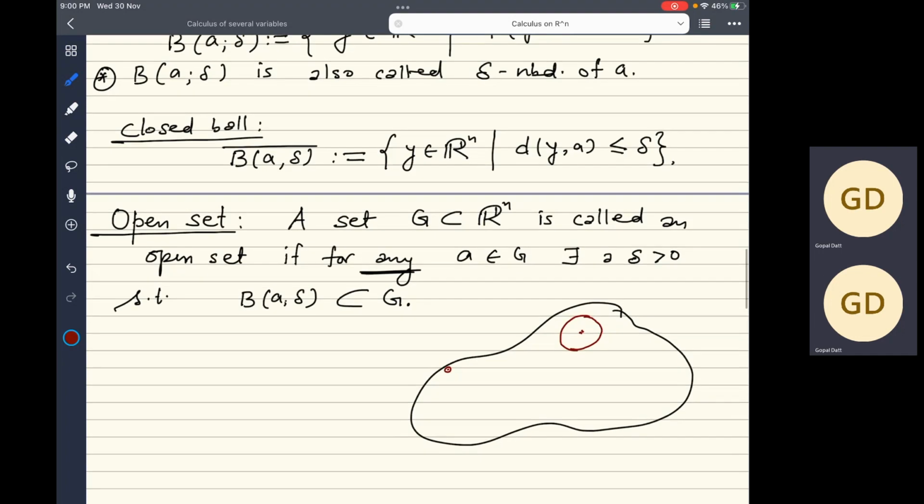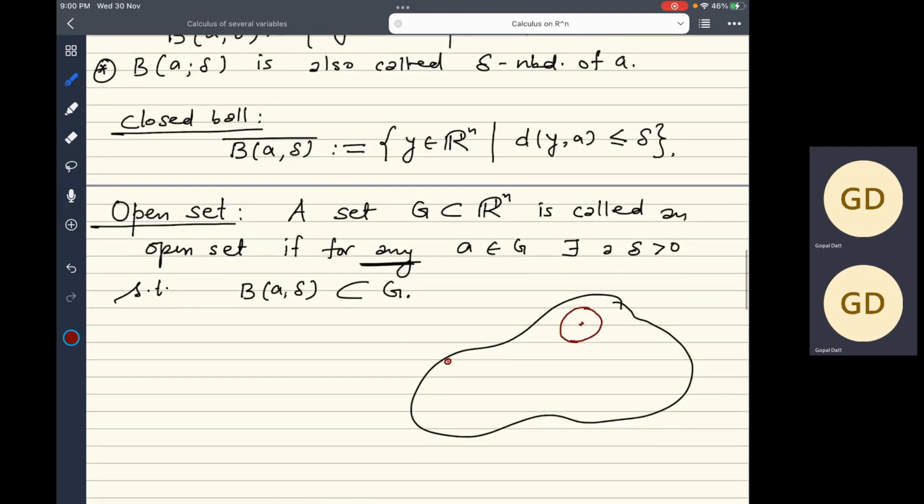So in other words, we call G an open set if G is a neighborhood of each of its points.